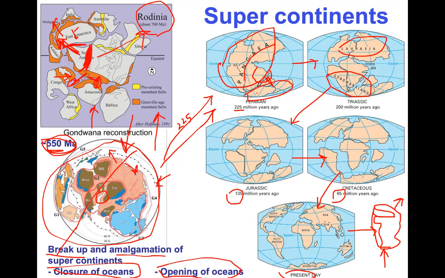So that means the disappearance of some existing oceans happens. So there is opening of oceans as well as closure of oceans. Ocean basins are forming and ocean basins are closing. This happens as a result of these movements.